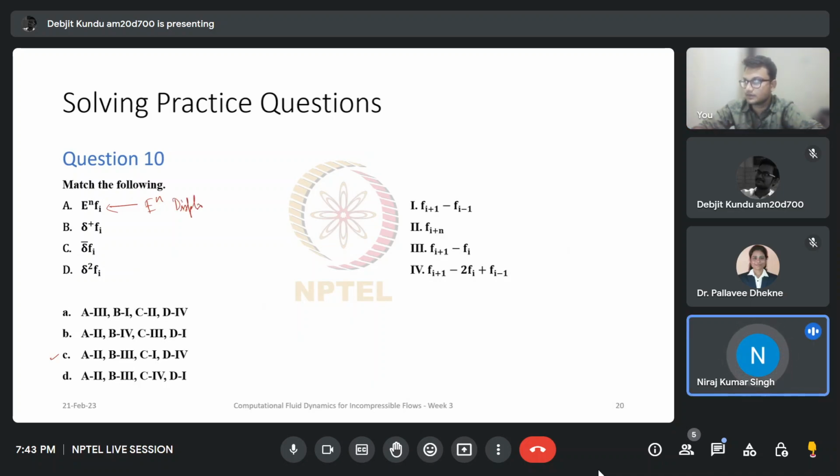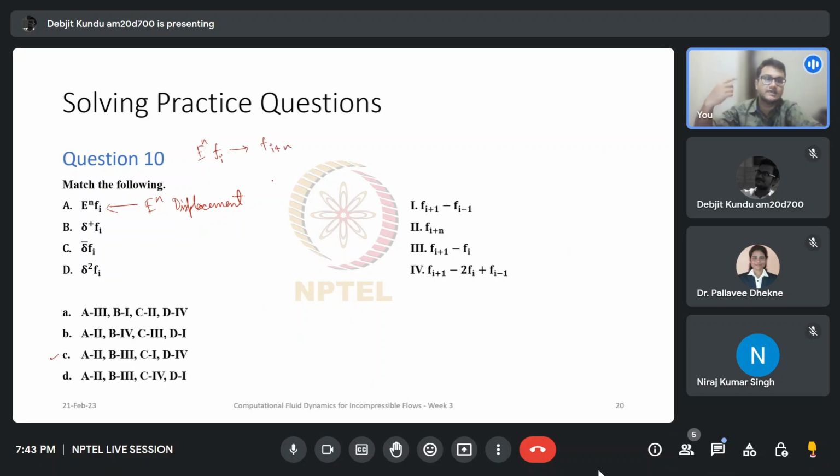Correct. What it does is it simply moves up a point n times. So if I'm starting with fi and apply E to the power n, this would move it to i plus n. It would displace n points. So the correct one among the mathematical forms would be option 2. So A2.